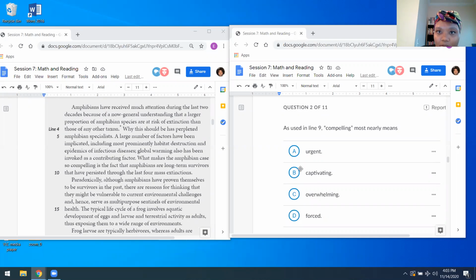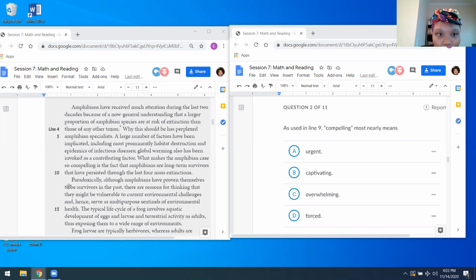DM, what are you referring to? Referring to the word in the same sentence that says, what makes the amphibian case so compelling is the fact that amphibians are long-term survivors that have persisted. So I looked at that word, and persisted kind of means like last or hold on or carry on.